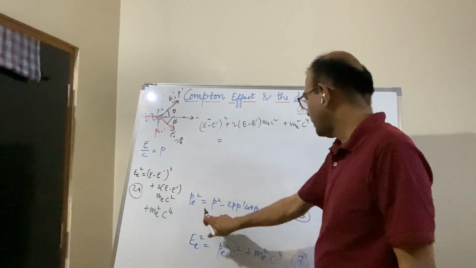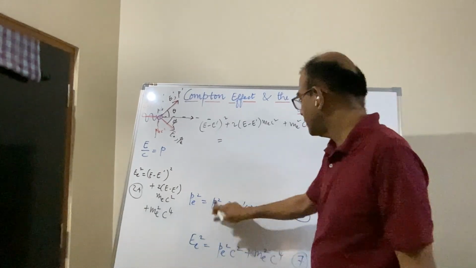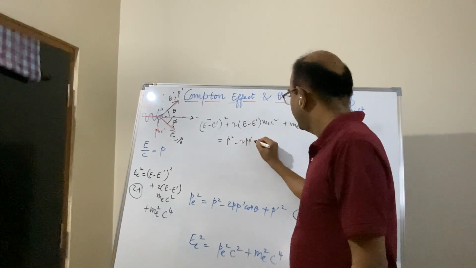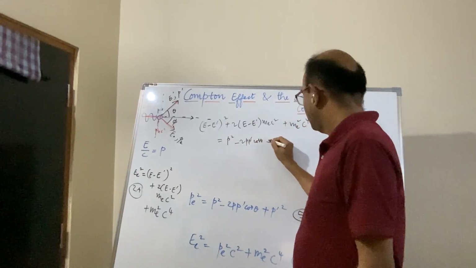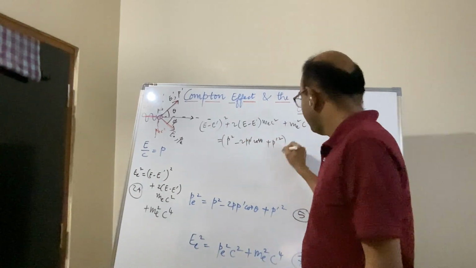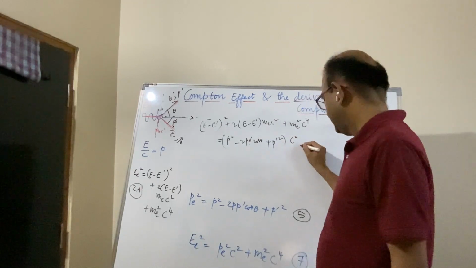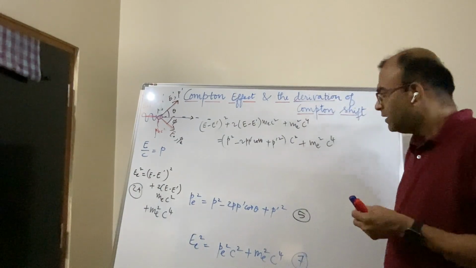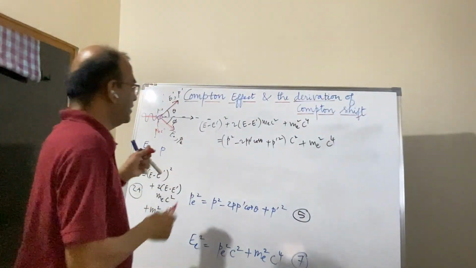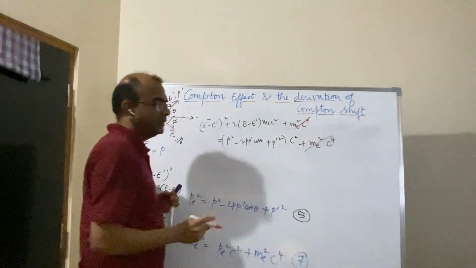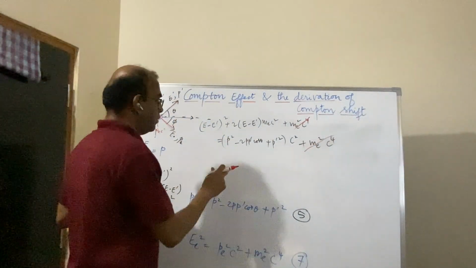On the right side we have P squared. For P squared we are going to substitute this, so it is going to be P squared minus 2PP prime cos theta plus P prime squared, this whole term, multiplied by C squared, plus ME squared C power 4. We can already see that on the left hand side there is an ME squared C power 4, and on the right hand side as well, so we can cancel that out.